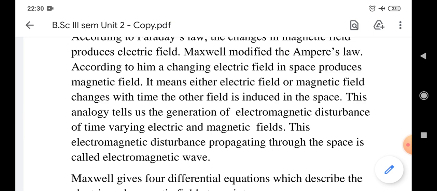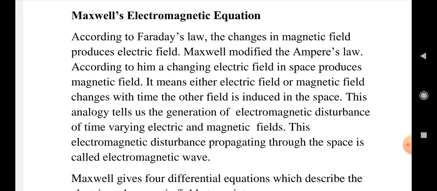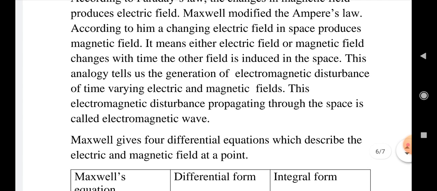This electromagnetic disturbance propagating through space is called an electromagnetic wave. Maxwell predicted that when a moving electric charge oscillates, it produces electromagnetic waves consisting of varying electric field and varying magnetic field, perpendicular to each other and to the direction of propagation of the waves. Maxwell gave four differential equations.